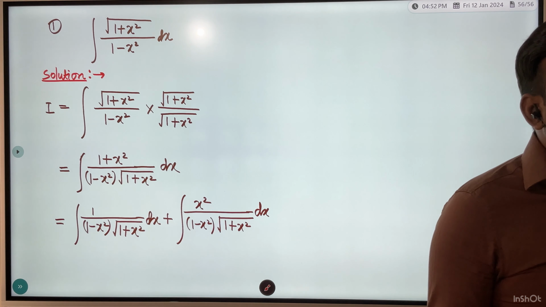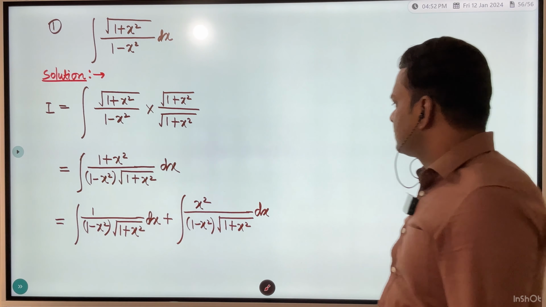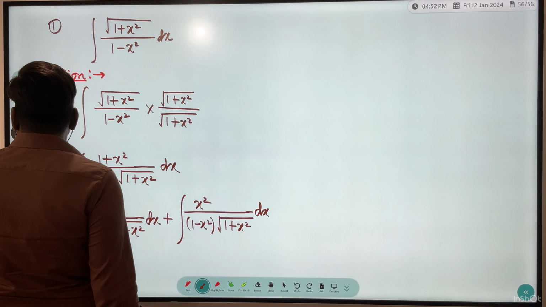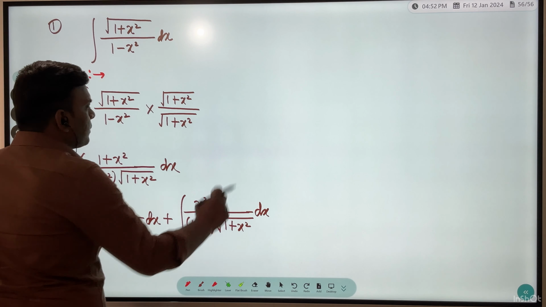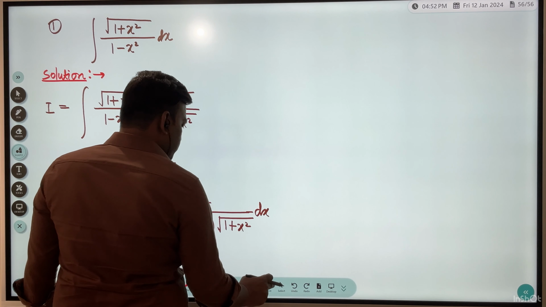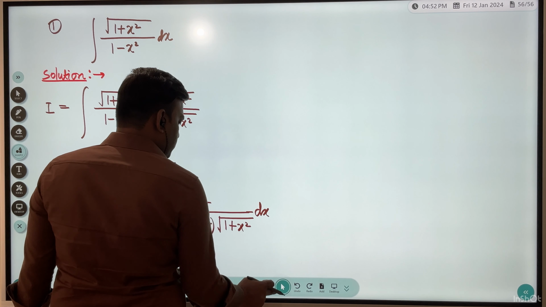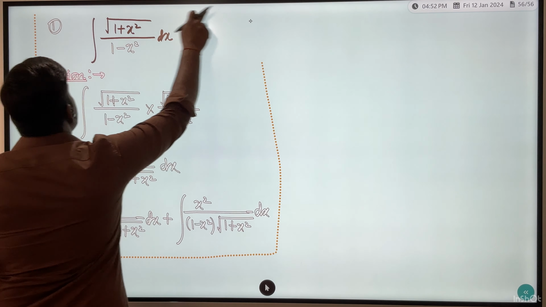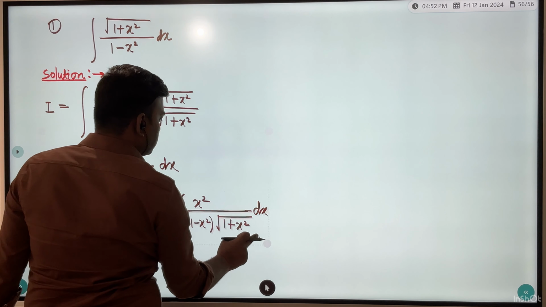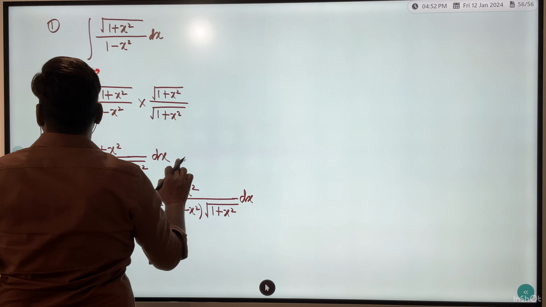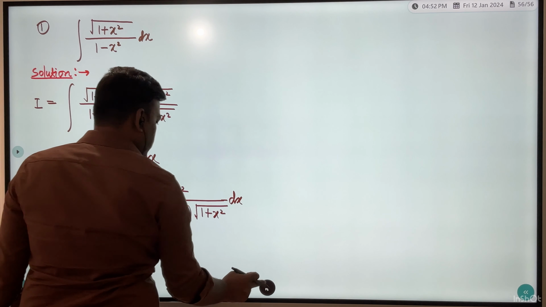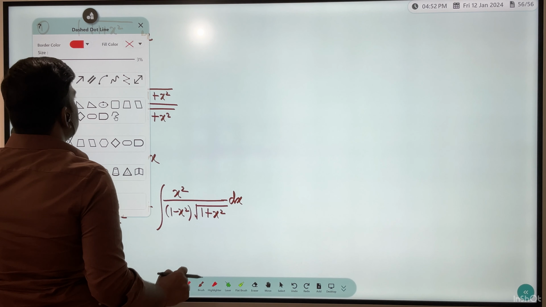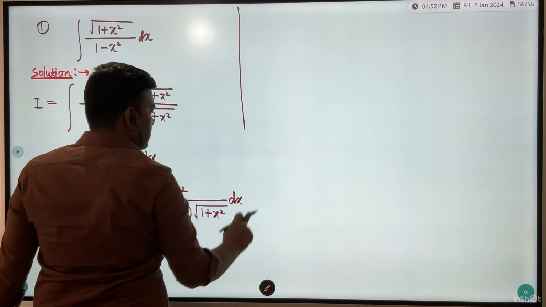Now the given problem contains a second integral, x square upon 1 minus x square into a square root of 1 plus x square. This can be written as 1 minus x square minus 1, and we can take the negative sign out of the integration just to make it in simple form. So we are just going to do some arrangement or modification in the second integral term.